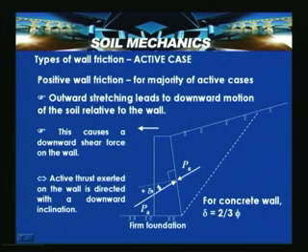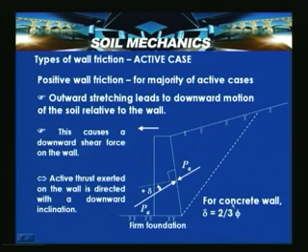Now this positive wall friction is indicated, and this is the plane perpendicular to the wall surface. So this angle is 90 degrees. The delta which the thrust makes with this particular surface is the direction of the thrust, PA, which is indicated here, and this case is referred to as the positive wall friction active case.